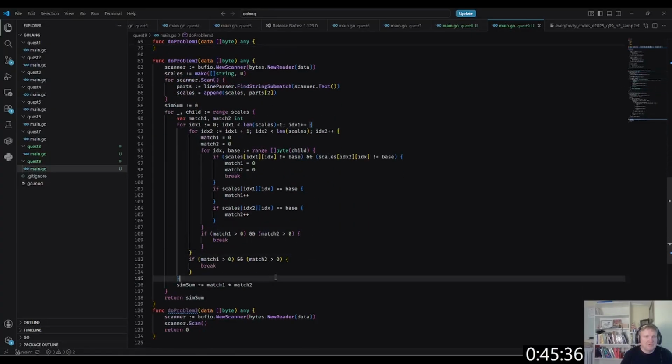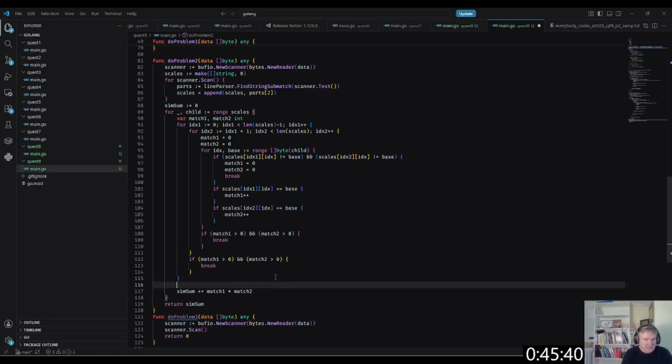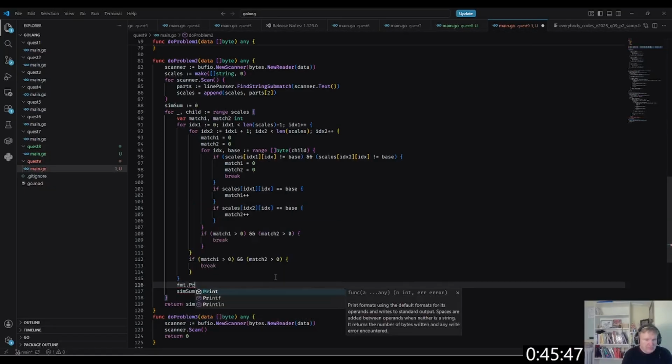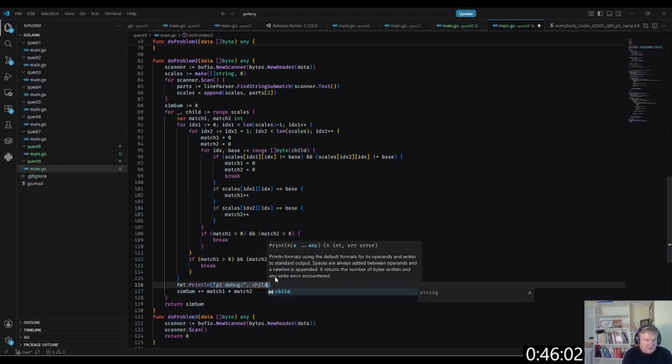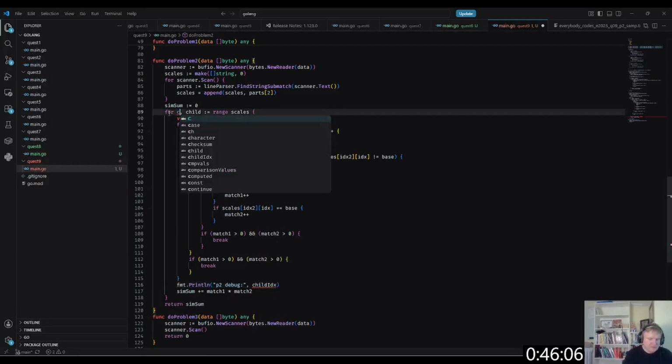in problem 2, I'm going to print line p2 debug child idx. So I have to go back and restore this.